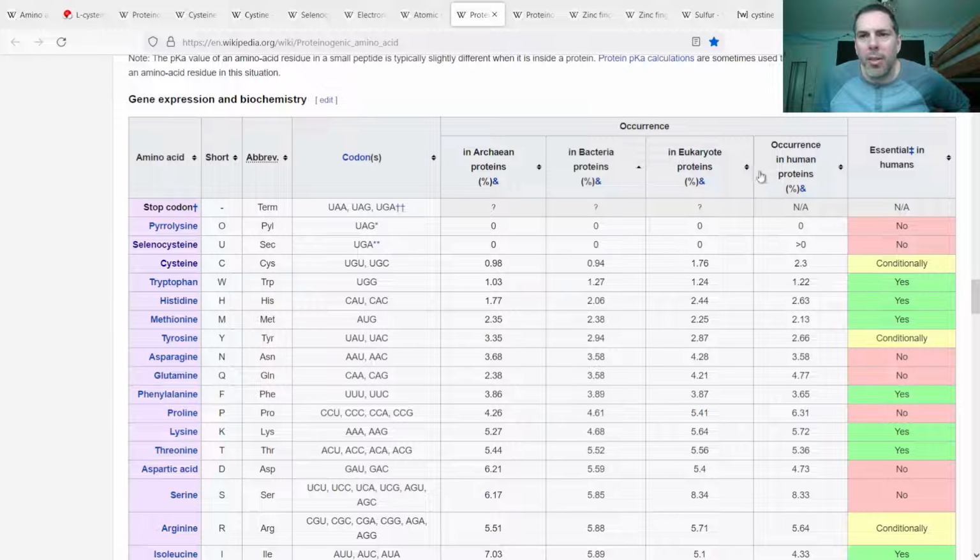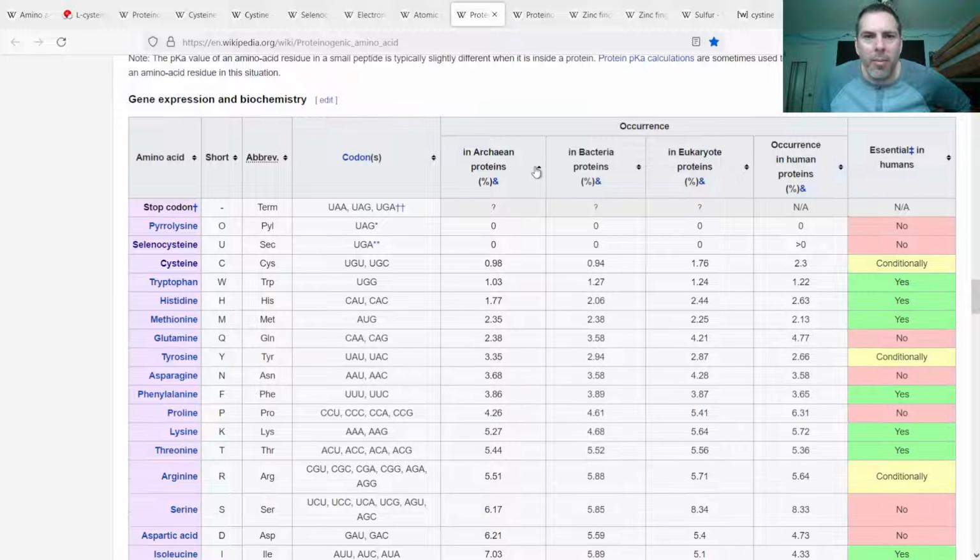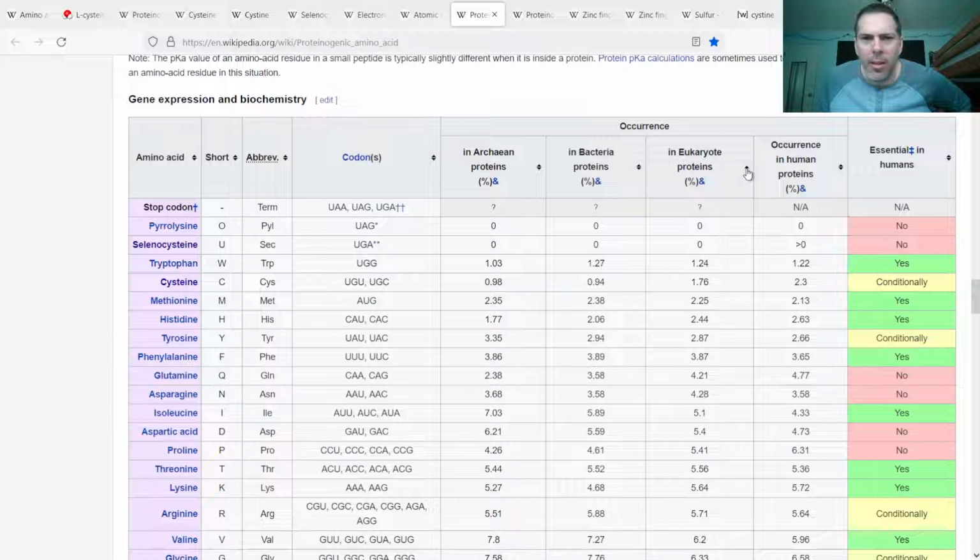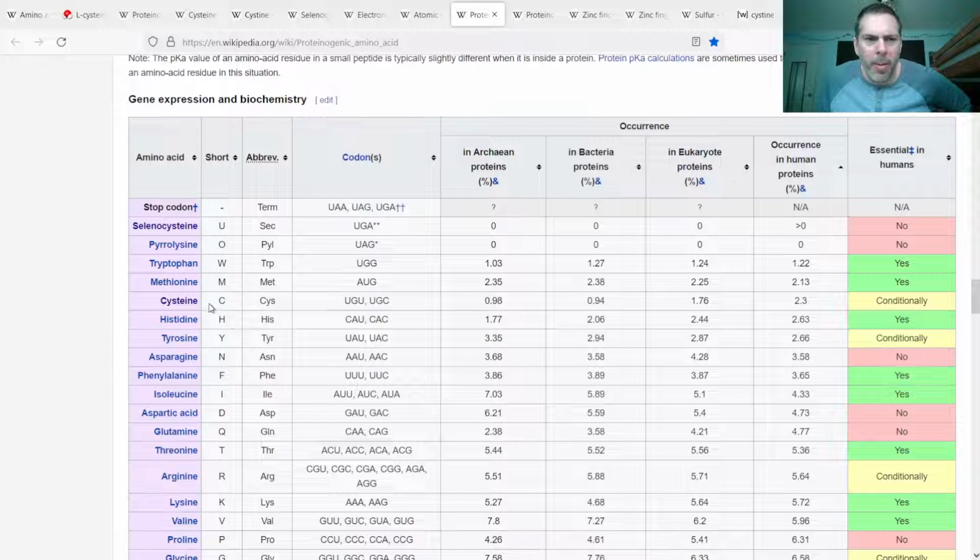So here's a table of occurrence that you can sort by individual domains of life. And you can see cysteine here is the least abundant in bacteria, least abundant in archaea, second to least in eukaryotes, and third to least in humans.